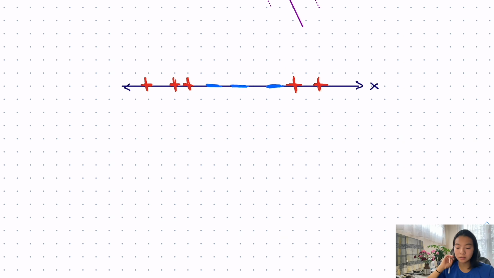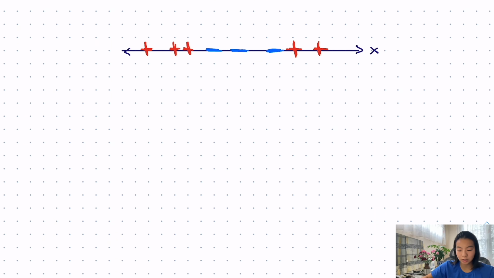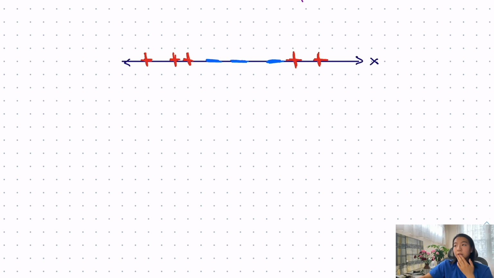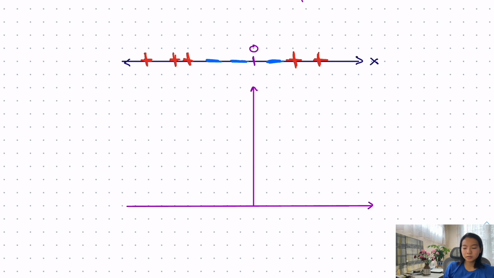But one thing that we can do is create some sort of projection. I realized here that one thing I forgot to do was to label where 0 was. So let's just say 0 is here. Now I'm going to have x0 and x1. So x0 is just going to be my original x, but I'm going to make x1 equal to, let's say, x squared.